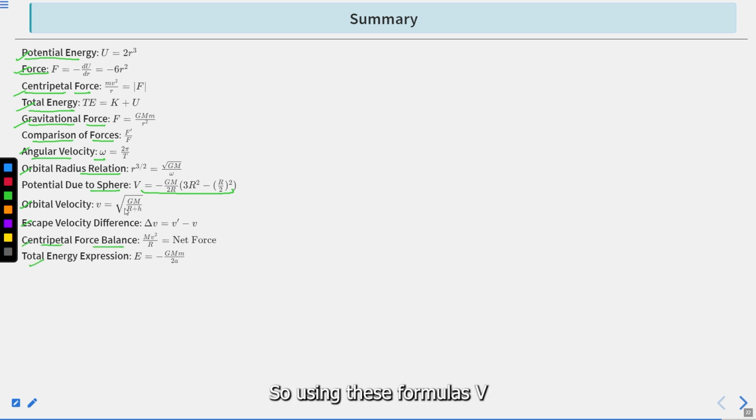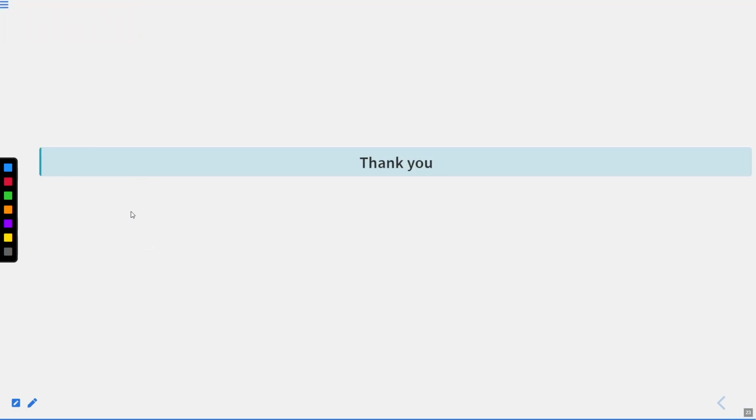Using these formulas, we solved some questions. Thank you.